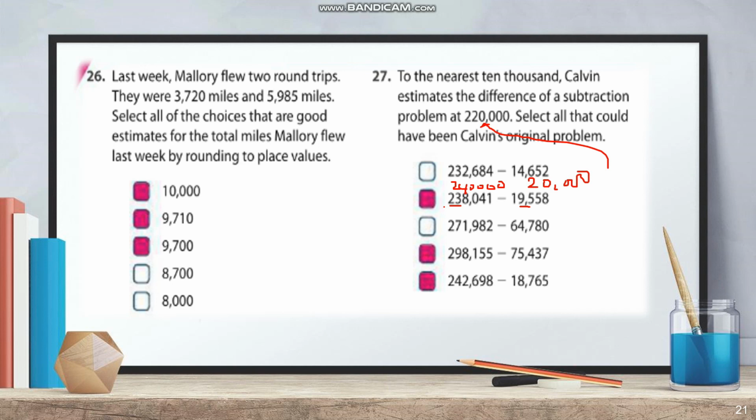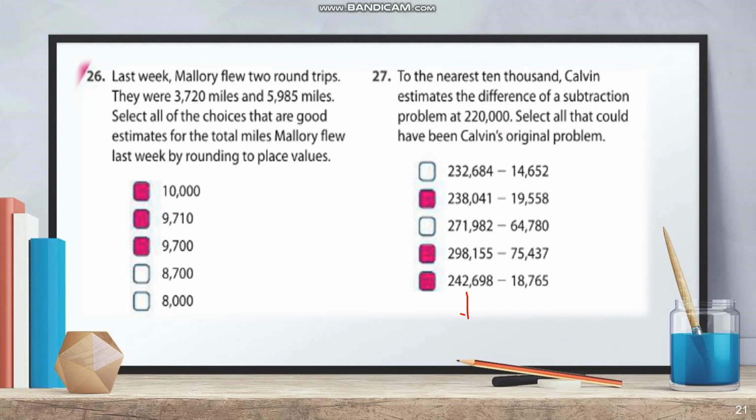The same thing here. Where is the 10,000s place? It should be 9 and 7. So 9 becomes 10, and this becomes 300,000. So 300,000 minus 80,000, the answer is 220,000. And the last one, the 10,000s place is 4 and 1.